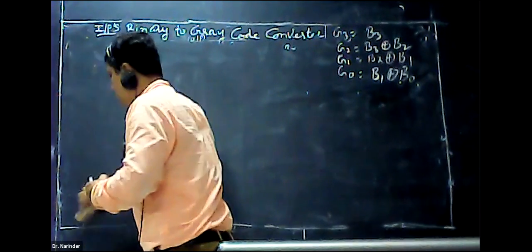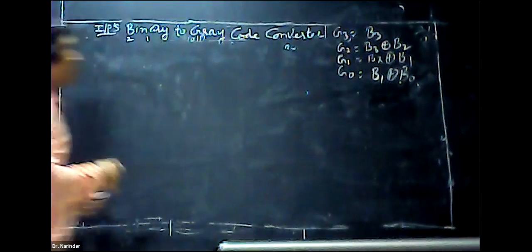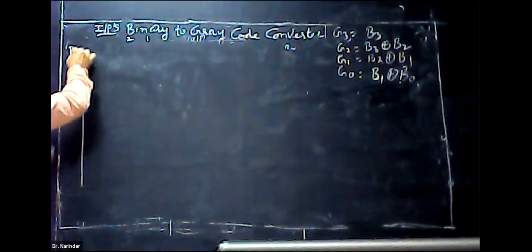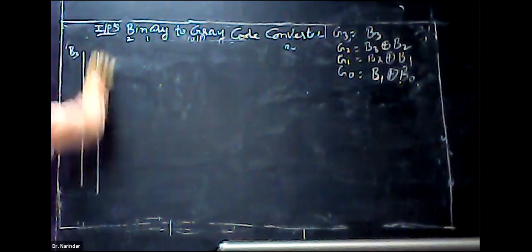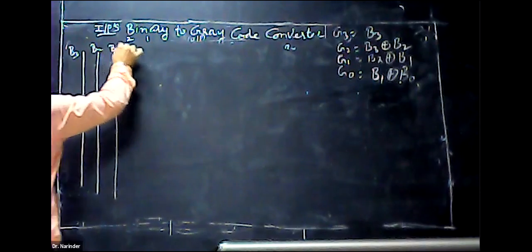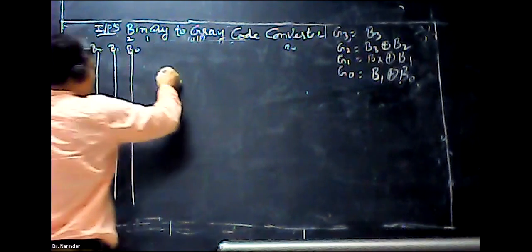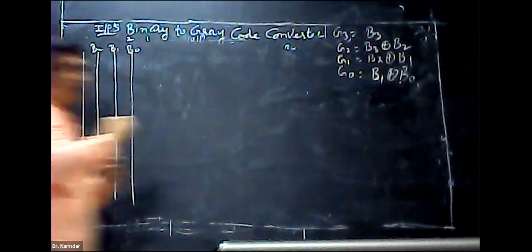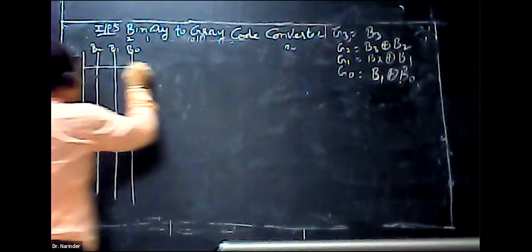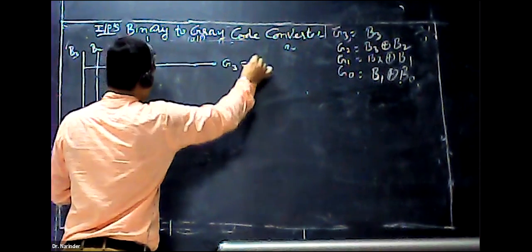Now we can make the relation between these two. Inputs are B3, B2, B1, B0. G3 is equals to what? B3. So simply one line. This would be G3. G3 is equals to B3.